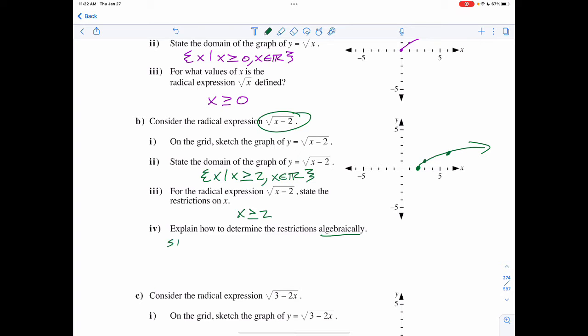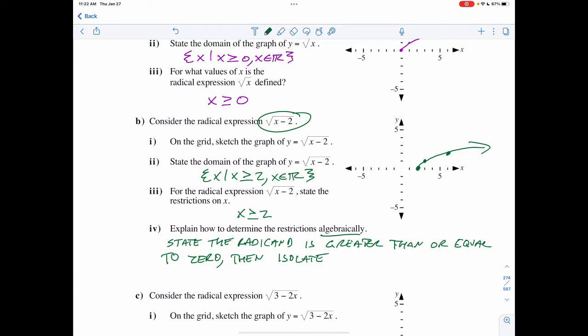So you need to state the radicand is greater than or equal to 0, then isolate the variable.